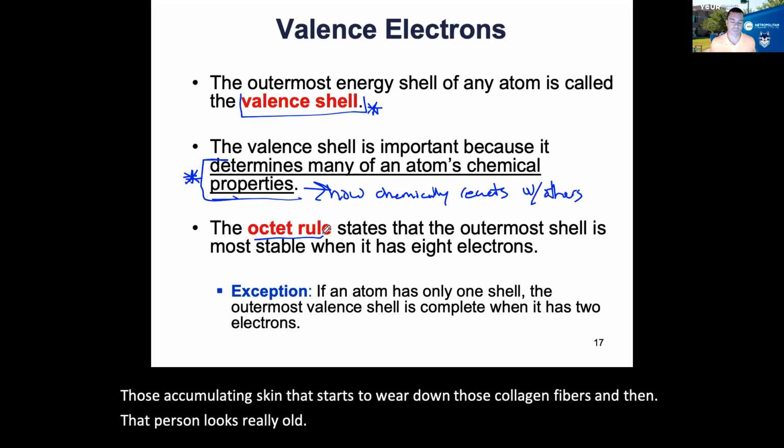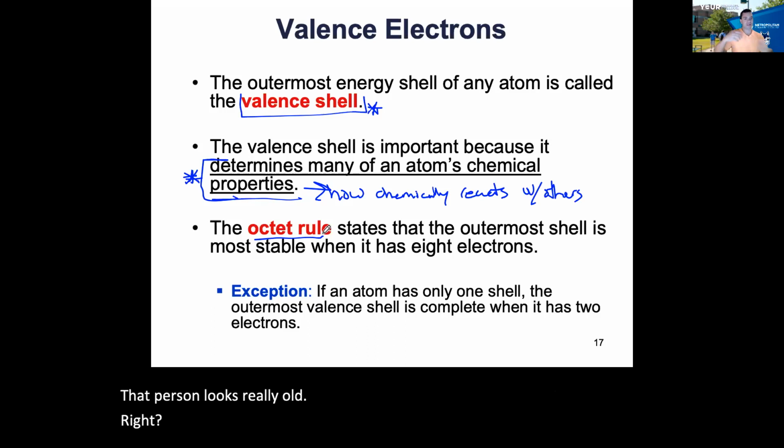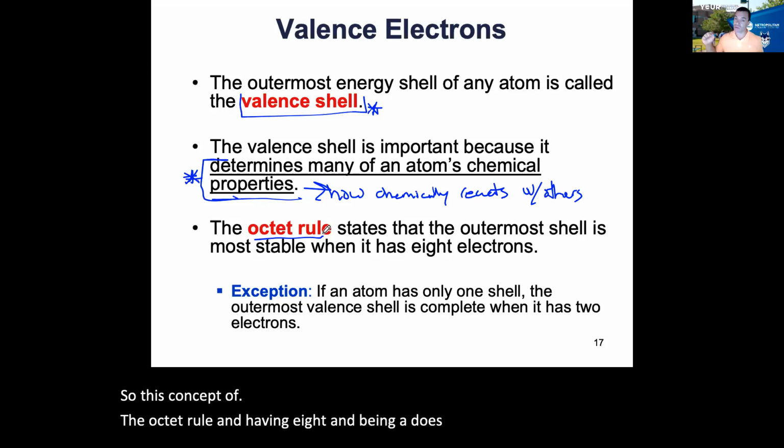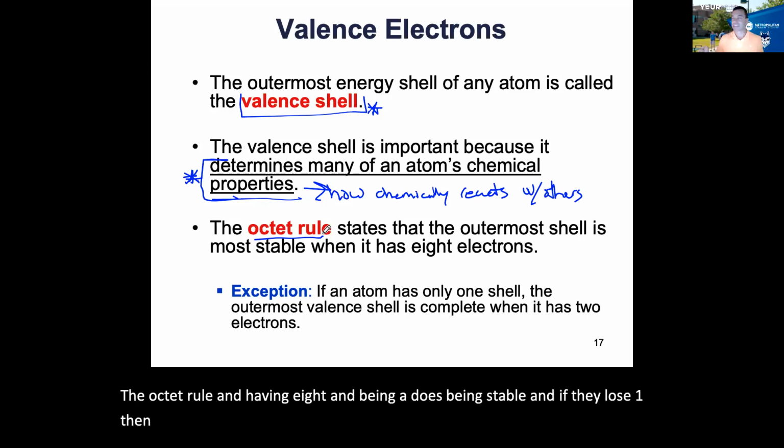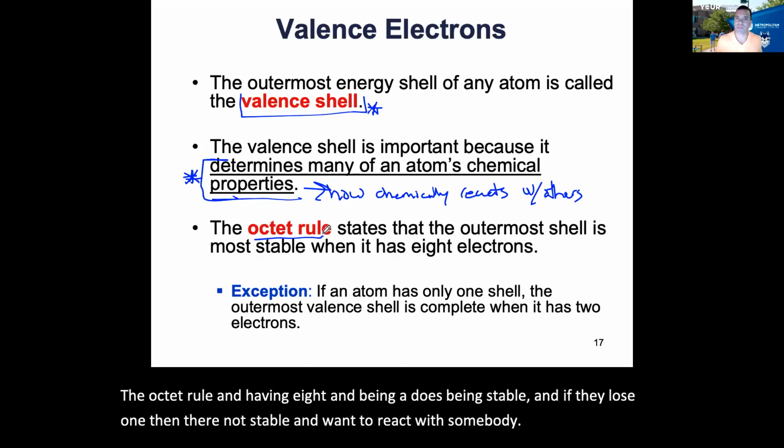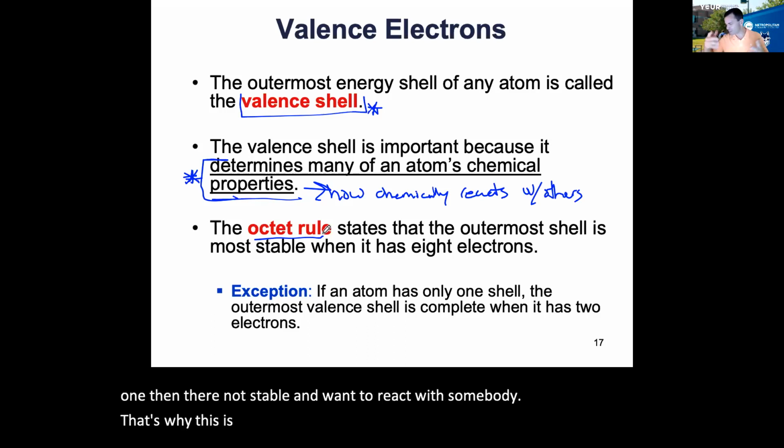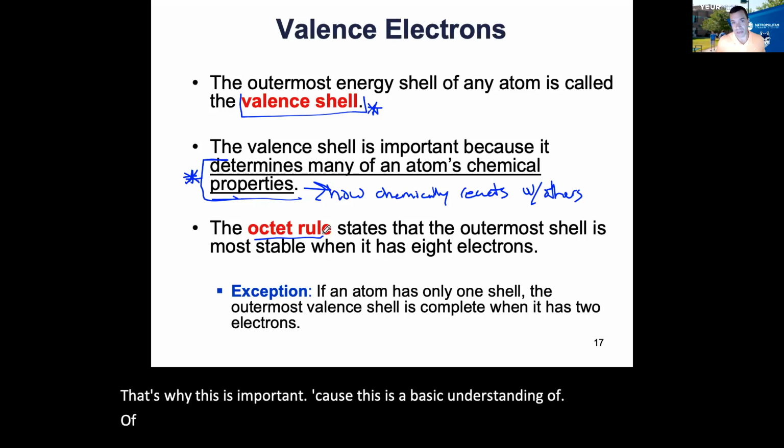All right. So this concept of the octet rule, having 8 and being 8 as being stable, and if they lose one, then they're not stable and want to react with somebody, that's why this is important. Because this is the basic understanding of how aging happens, how wear and tear happens. It's the accumulation of these free radicals.